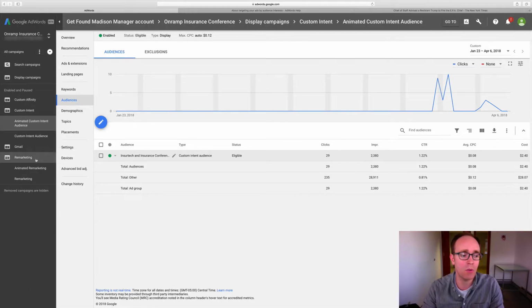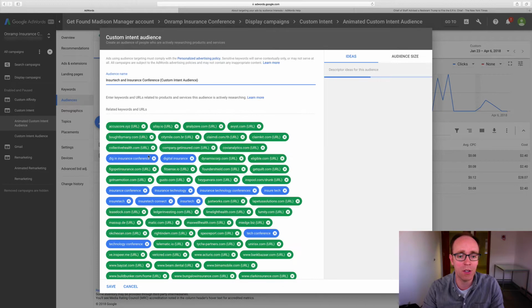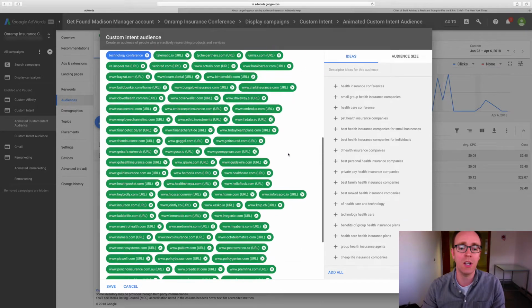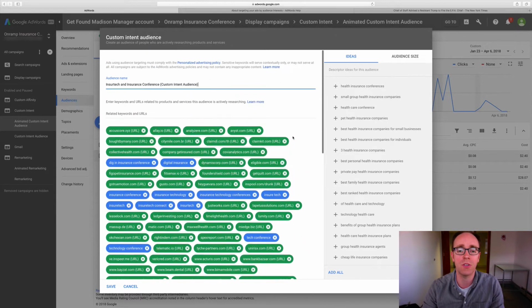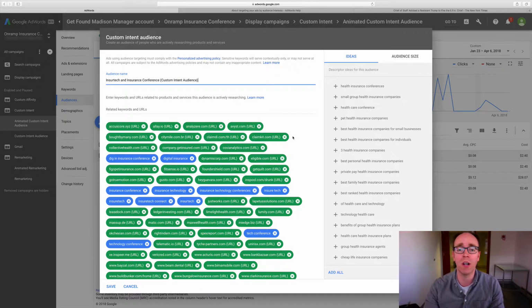So how do we target? Well, I said we've got remarketing in place, meaning if someone already visited the website and left, we can bring them back with an eye-catching ad like that. But also, we want to look at custom intent. So we've got animated custom intent audiences, and here we have a long list of URLs, and these are basically what's called InsurTech URLs, meaning this is in the industry. If someone is visiting a site like this, they're most likely interested in potentially coming to a conference like this.